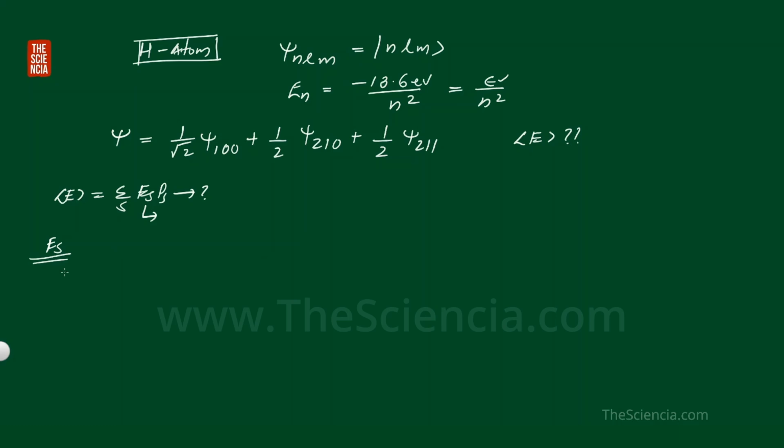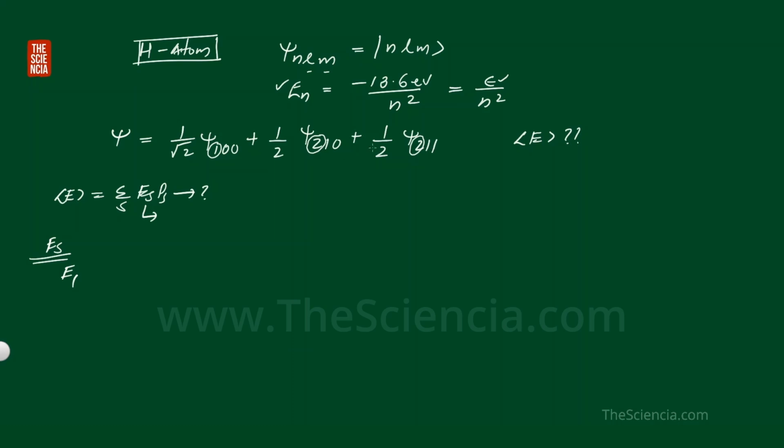What is E1? Here these are the n values. Only the n value determines the energy. All other parameters, l or m, don't affect the energy. Here the n value is 2 and here it is 2, so for these two states the energy will be the same, even though one is psi 210 and the other is psi 211.